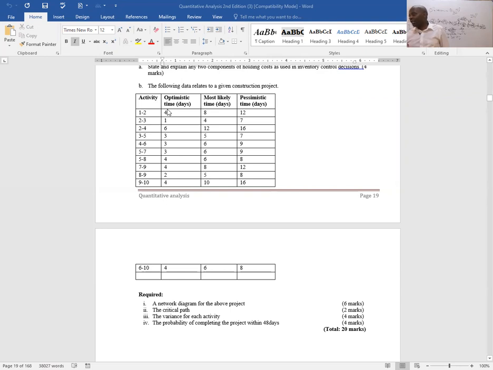The difference, 8, is what I square, and whatever I get, I divide by 36. Don't ask me where 36 is coming from. These are formulas that have to be taken just like that. So we have here 1.78.